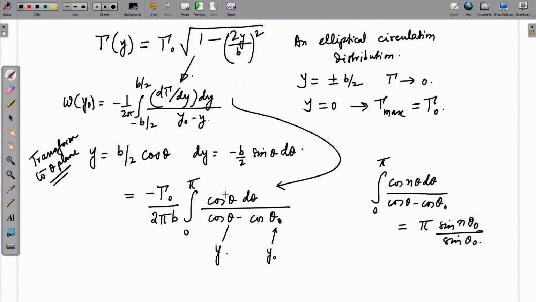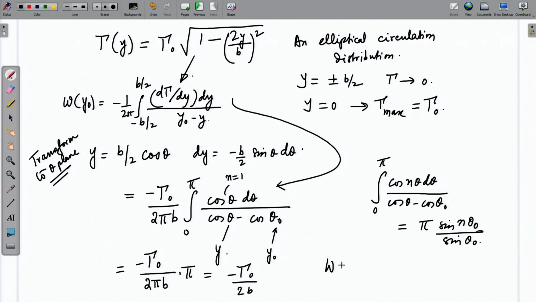Now, in this case, our n is equal to 1, and therefore, it is very simple. It turns out to be pi, and therefore, your final expression comes out to be gamma naught by 2 pi b into pi, which is minus gamma naught by 2 b.